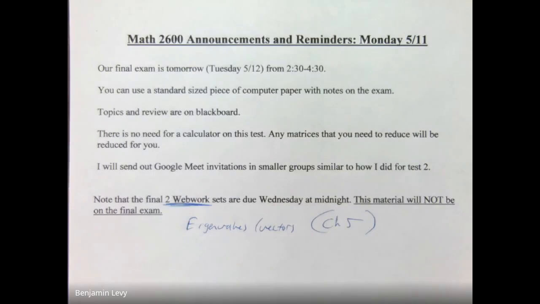Obviously being able to solve a system comes into play a lot, like knowing when a system is consistent or inconsistent. That's something that comes up probably in more than one question. I would be thinking about things that were not on the last test.